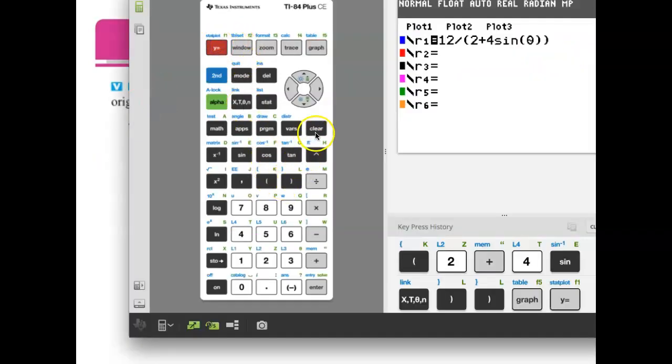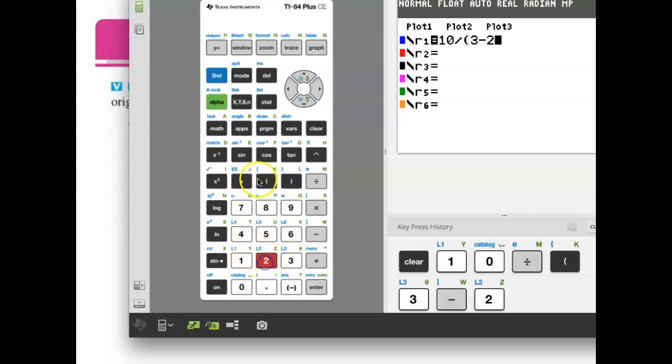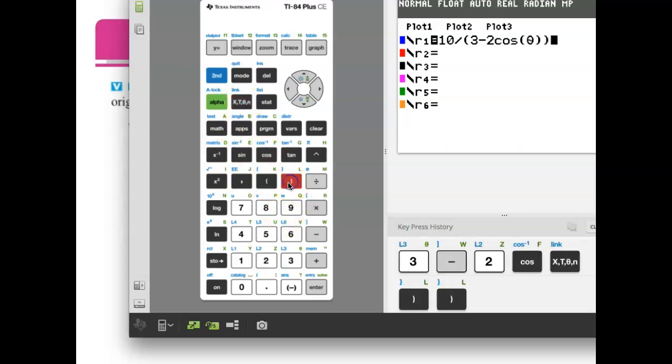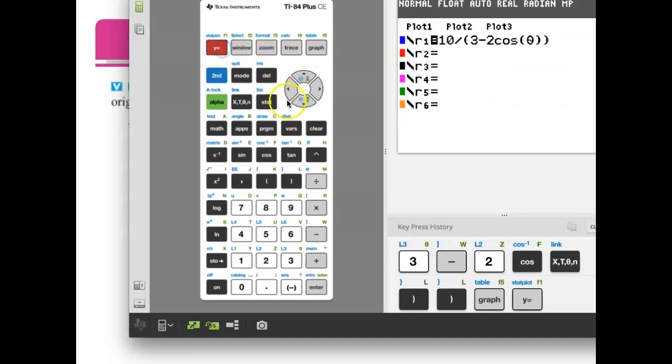So I'll graph the original one and then I'll graph the rotated one. So the original was 10 over 3 minus 2 cosine theta. There's that ellipse. And I still want to keep the focus at the origin. I just want to rotate it through pi over 4.